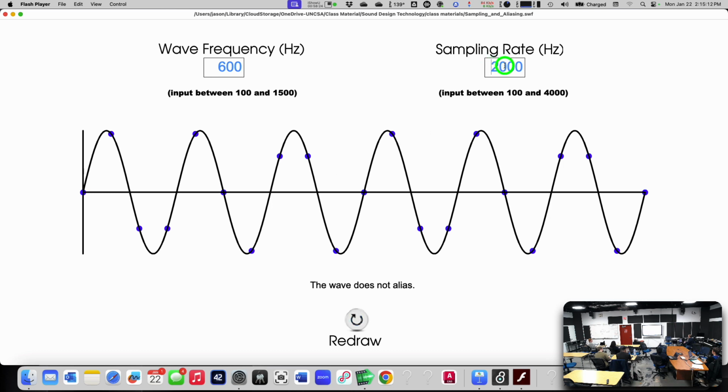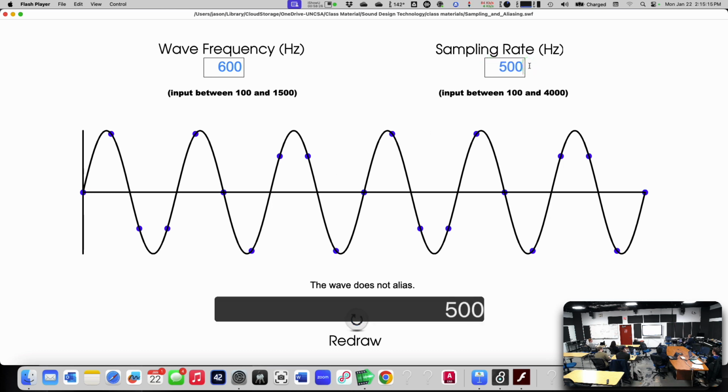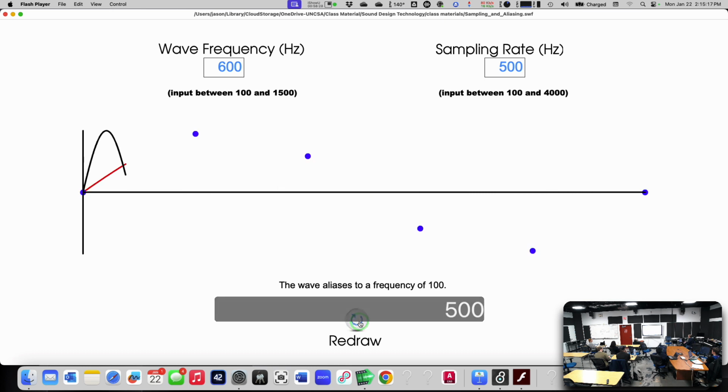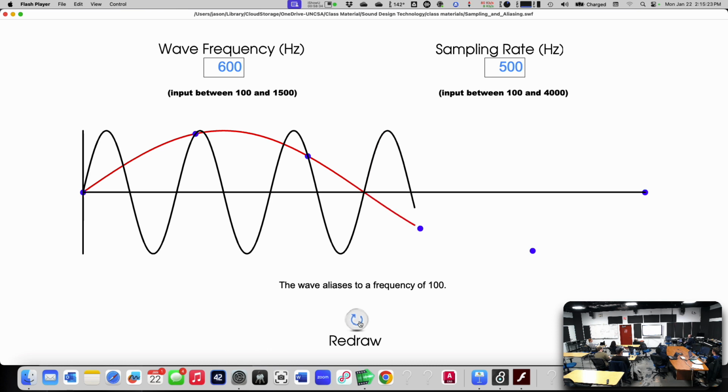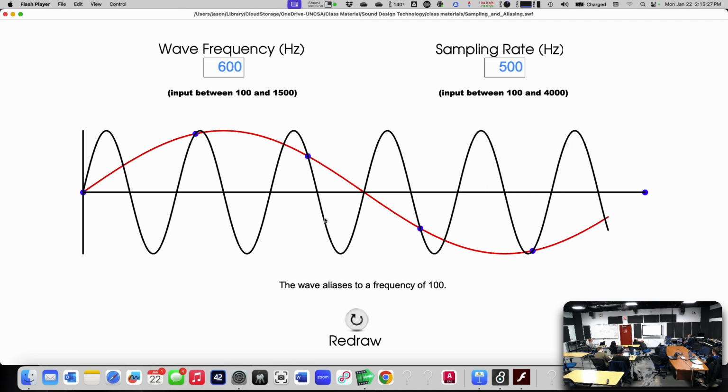But if we only do 500 hertz sampling rate, so the black is the starting frequency. The red is the frequency that results, because we didn't have enough samples.